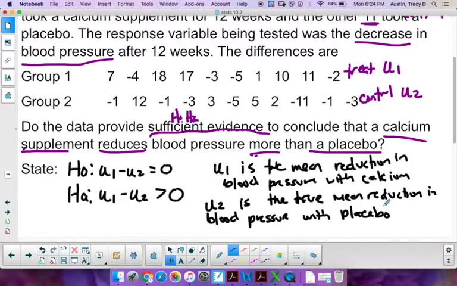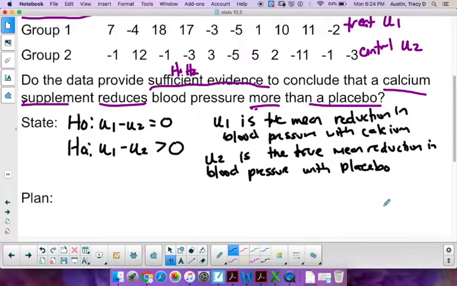Now, you could write these together, but you'd have to be really, really picky about the wording.